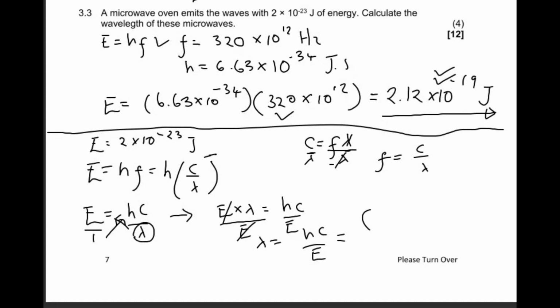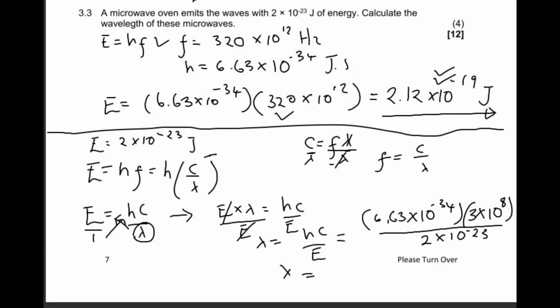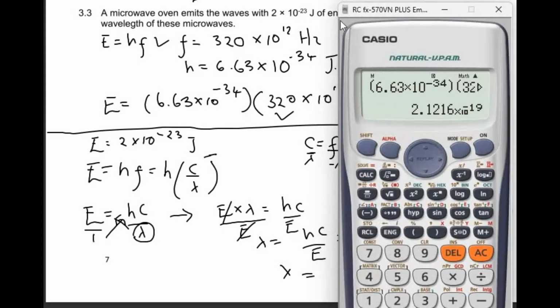So it means the wavelength is going to be the Planck's constant, 6.63 multiplied by 10 raised to the power of minus 34, multiplied by the speed of electromagnetic radiation in vacuum, which is 3 multiplied by 10 raised to the power of 8. All this divided by the energy in joules, 2 multiplied by 10 raised to the power of minus 23. It means the wavelength is going to be, you need to put this in a calculator.